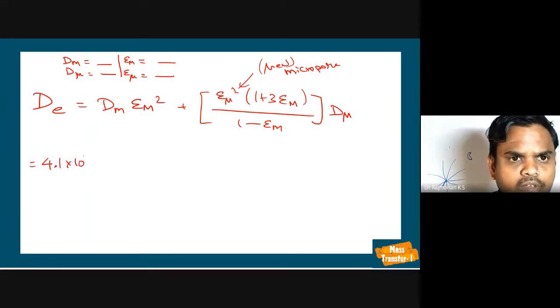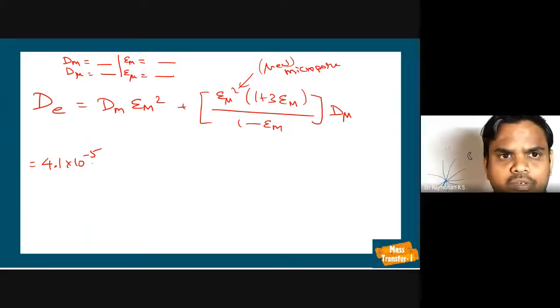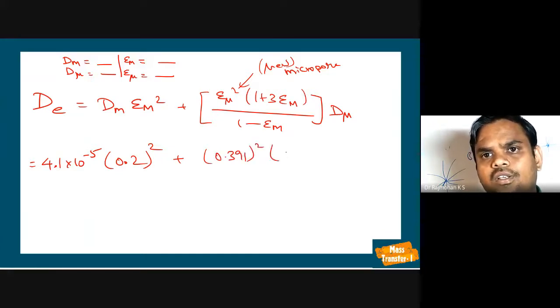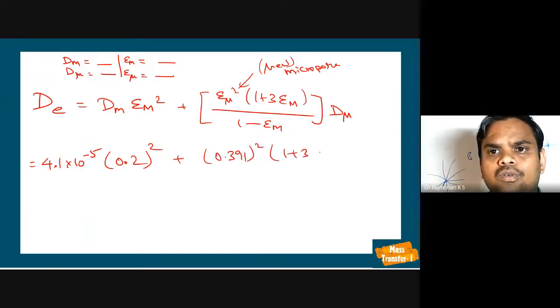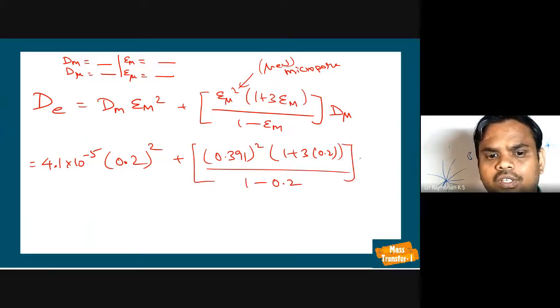So substitute all the four values that we have calculated, please substitute them. dm is 4.1 into 10 power minus 5 into 0.2 square plus 0.391 square into 1 plus 3 times 0.2 divided by 1 minus 0.2 into d mu value, which is 6.04 into 10 power minus 6.